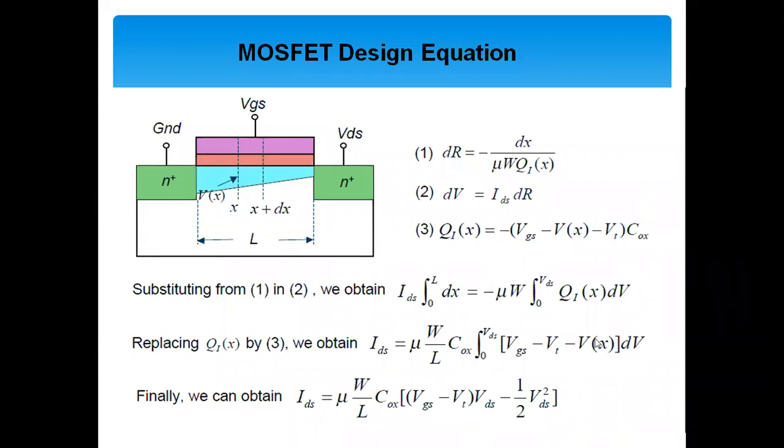Finally, after solving this equation, you get IDS is equal to mu W by L Cox in bracket (VGS minus VT) into VDS minus 1 by 2 VDS square. You have to solve this integration, and you will get this equation.